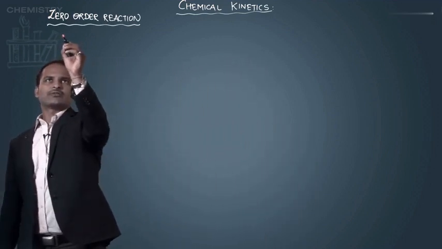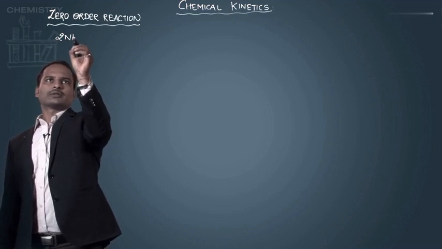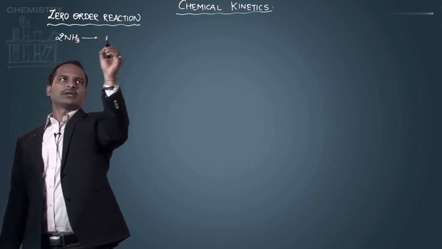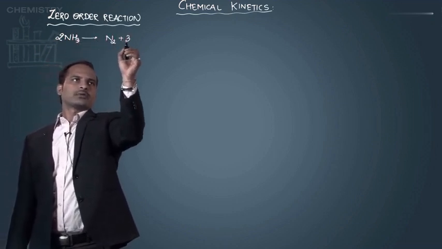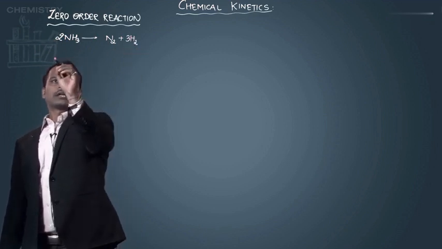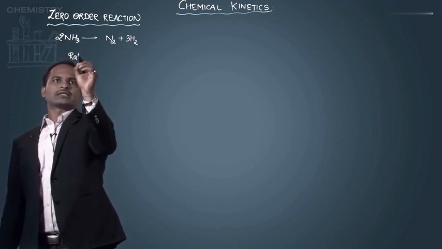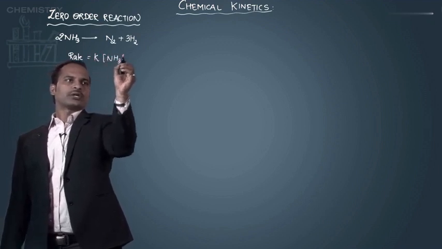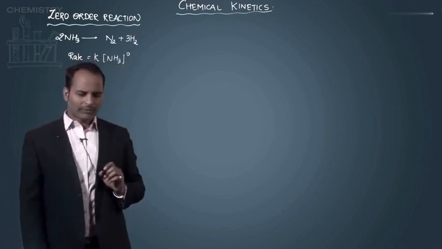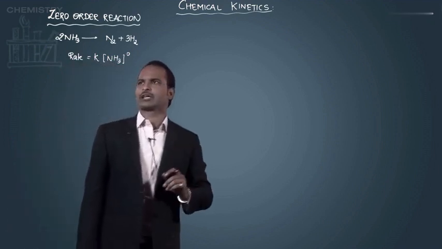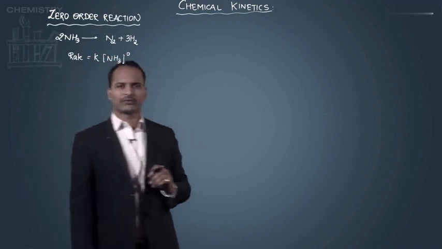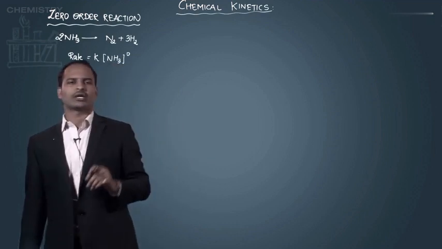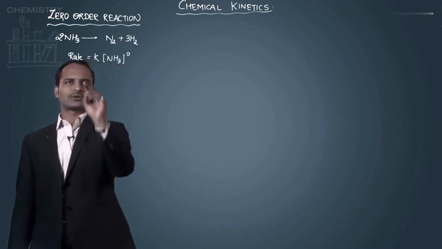For example, last time we did the example 2 moles of ammonia gives N2 plus 3H2. If I'm writing its rate law, then rate is equal to K into molar concentration of ammonia raised to 0. When we perform the experiment, from the data we come to know that the power is 0 here. That is, rate is equal to K into ammonia raised to 0, and anything raised to 0 is 1.